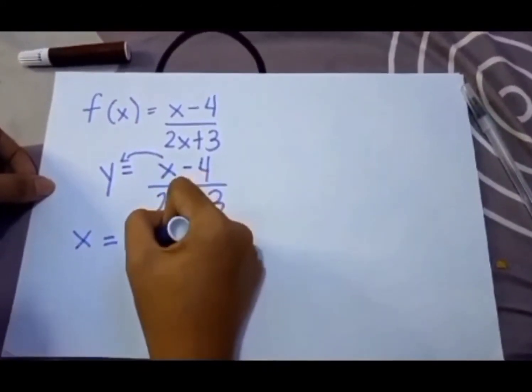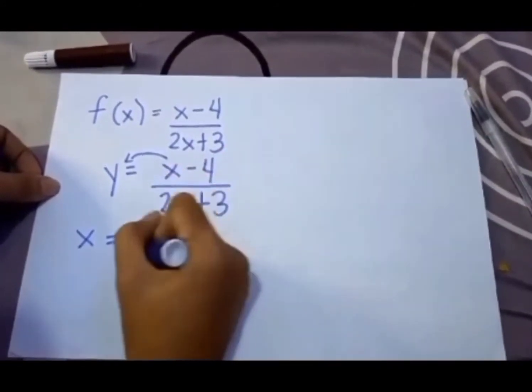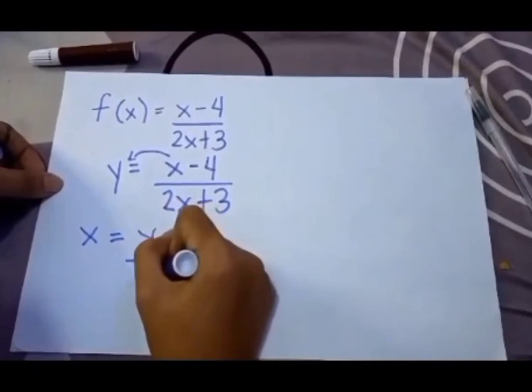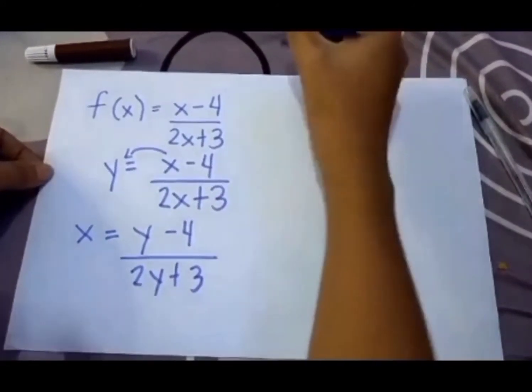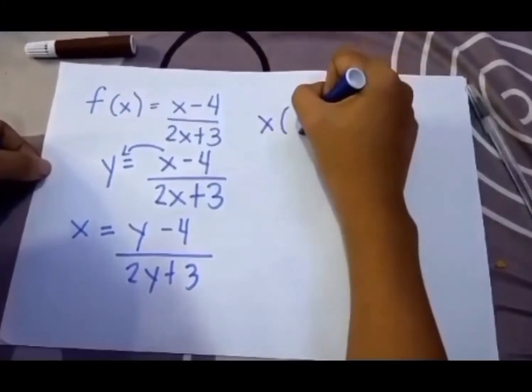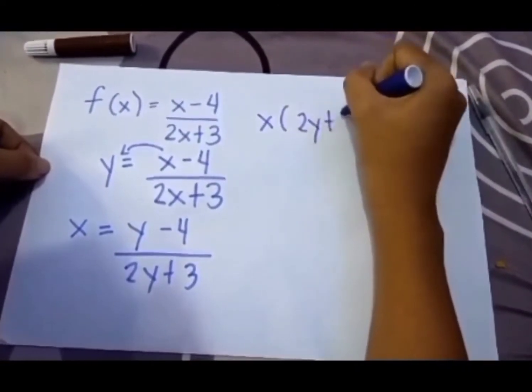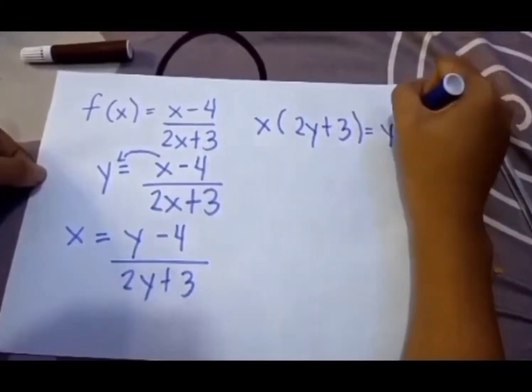So, magiging x equals y minus 4 over 2y plus 3. Then, itatimes natin ang x sa 2y plus 3. So, magiging x, the quantity of 2y plus 3 equals y minus 4.